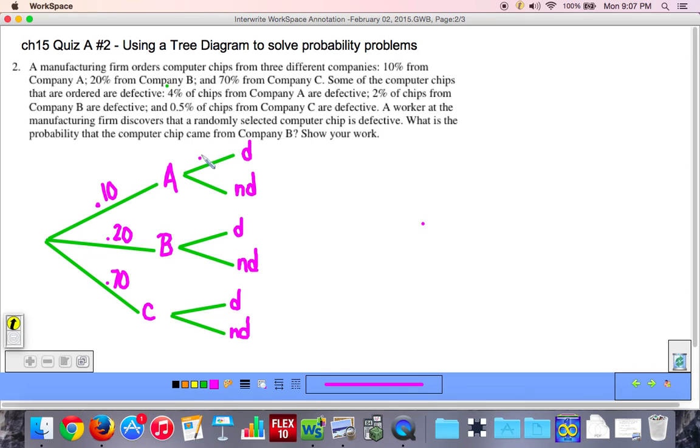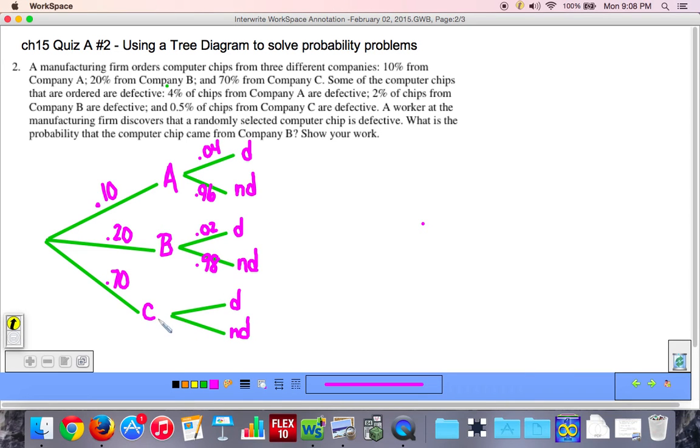4% or 0.04 are defective, which would mean 96% are not defective. Or we could put D with a little complement, right? And from company B, 2% or 0.02 are defective, which would mean 0.98 are not defective.